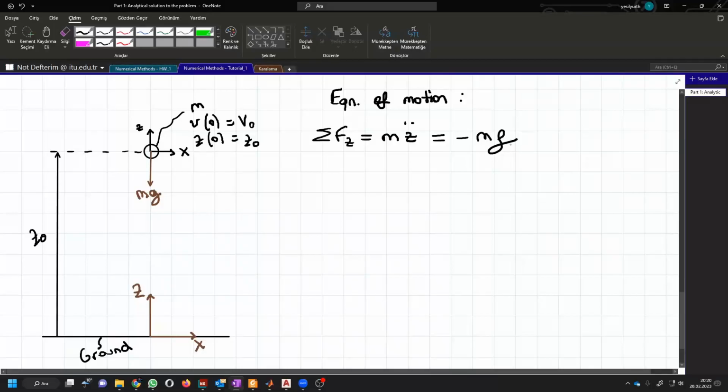Okay, so if we cancel out these m's, z double dot will be equal to minus g. So what type of differential equation is this? We can write down the equation in this form also: d square z over dt square equal to minus g. So this equation is a second order.